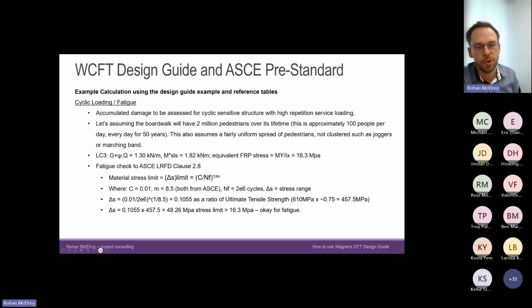We've applied an approximate knockdown factor to get 450 MPa. That 450 MPa times your 10.5% as a stress ratio provides a 48 MPa stress limit. So in this instance, you basically tick off and say that cyclic fatigue damage is not going to be an issue for this type of member. This can become quite important in road bridges, for example.